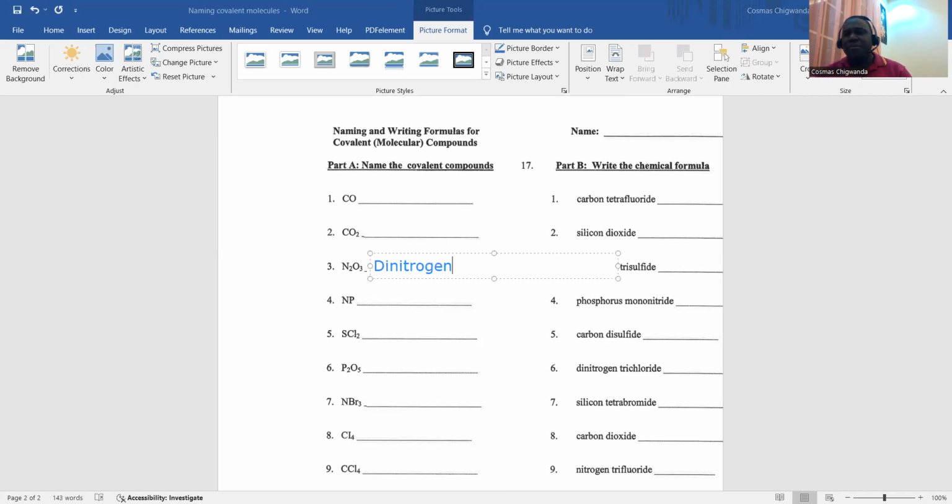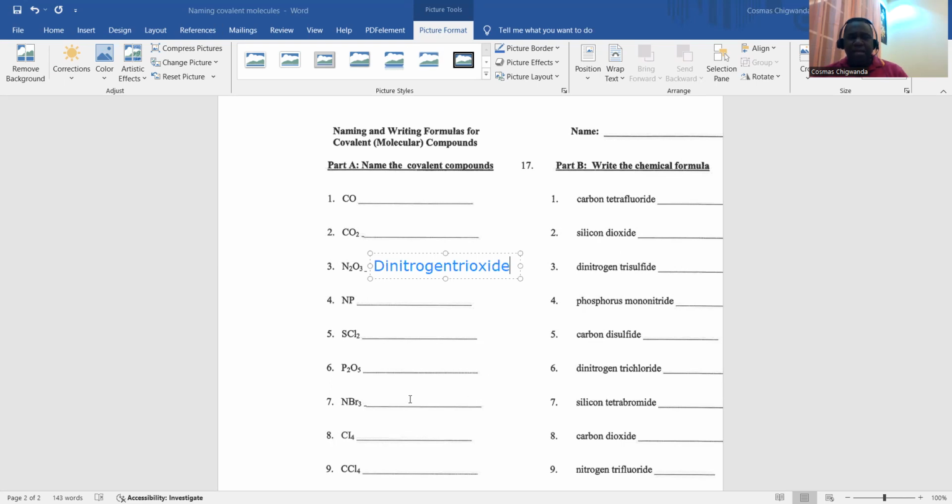What comes after that is oxygen. So I'm expecting a name oxide, but there are three of them. So the name of that molecule will be dinitrogen trioxide.